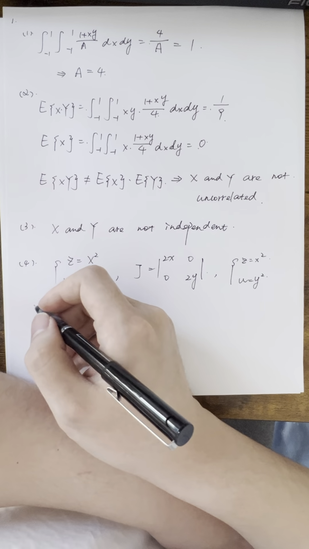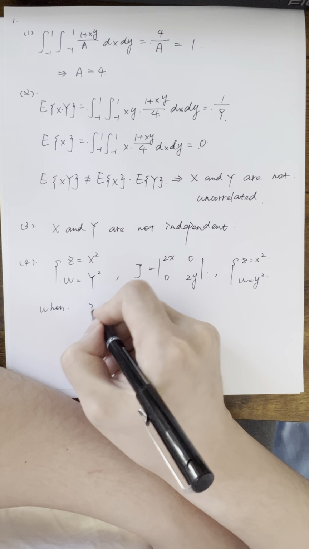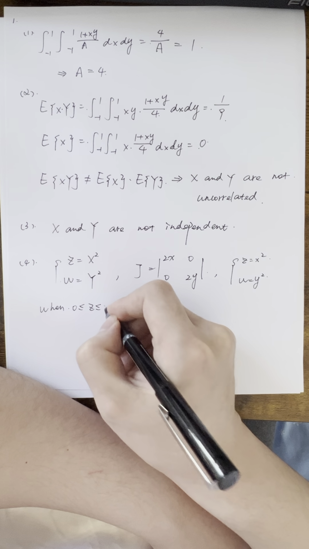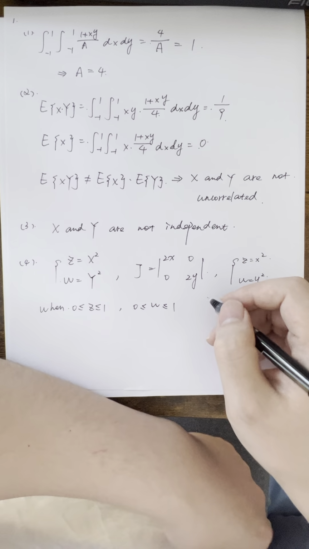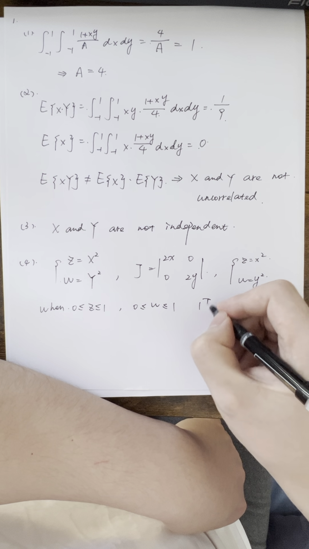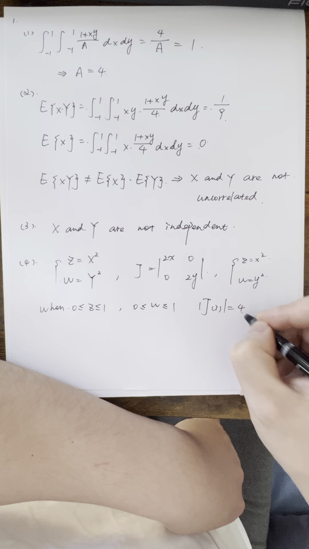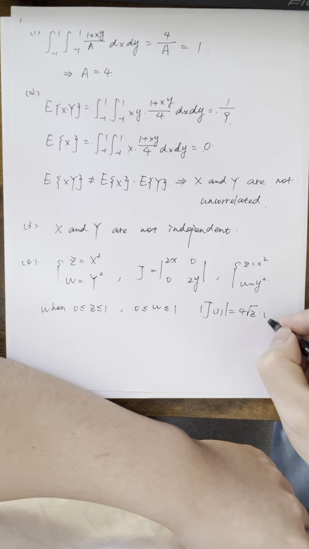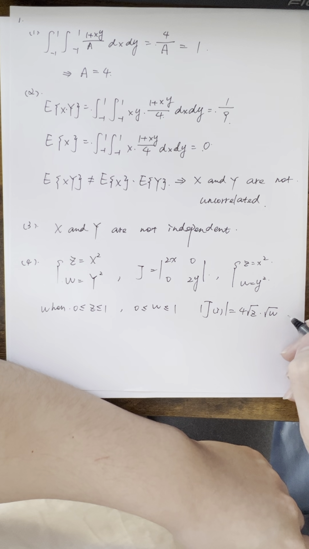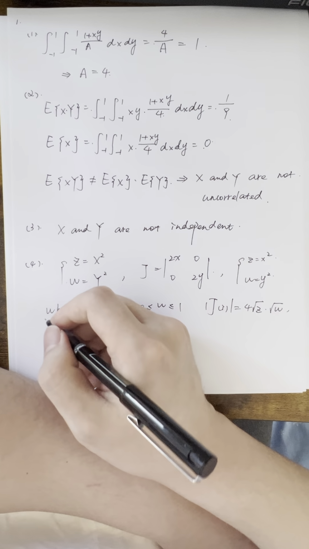And this is when Z is between 0 and 1, W is between 0 and 1. The absolute value of g_i is equal to 4 times square root of Z times square root of W. Right? And i is equal to 1, 2, 3, 4.